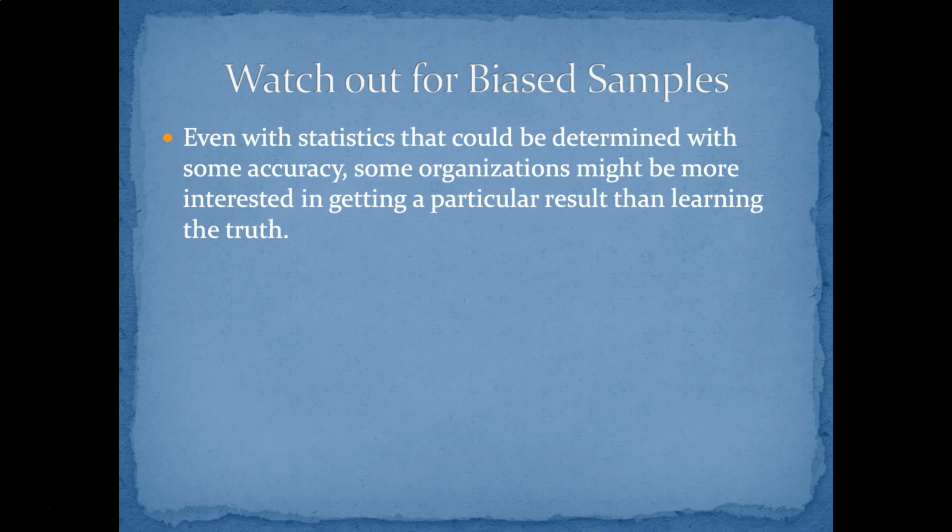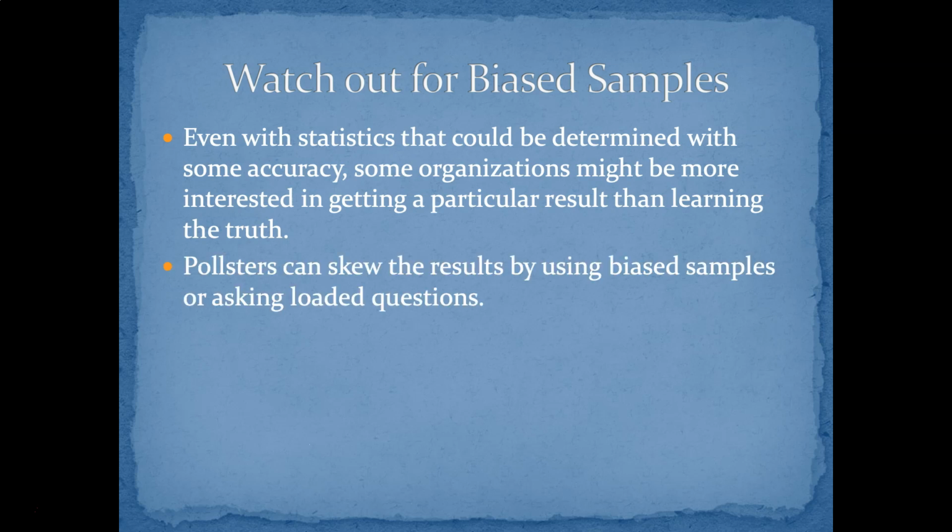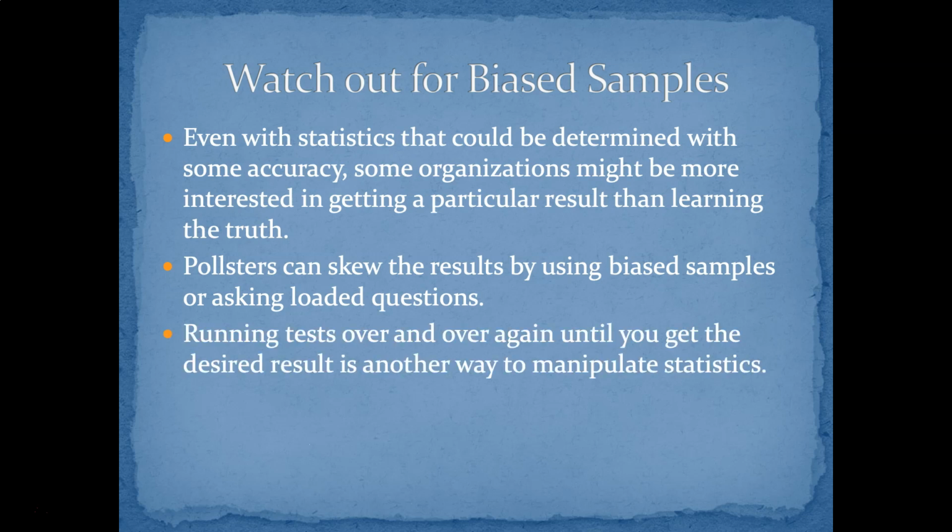Even with statistics that could be determined with some accuracy, some organizations might be more interested in getting a particular result than learning the truth. Pollsters can skew the results by using biased samples or asking loaded questions. Running tests over and over again until you get the desired results is another way to manipulate statistics.